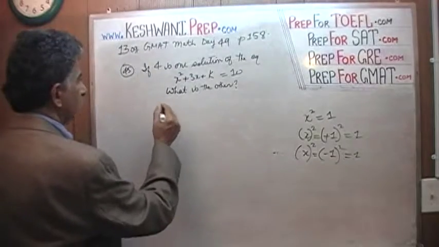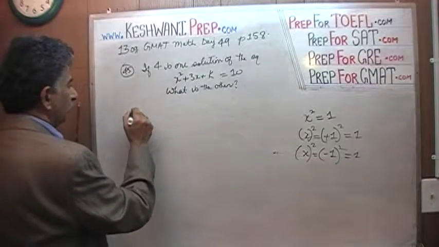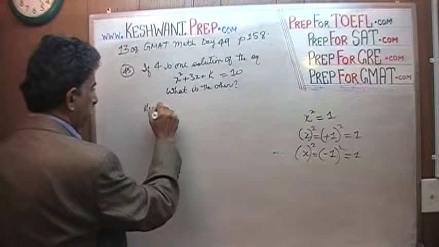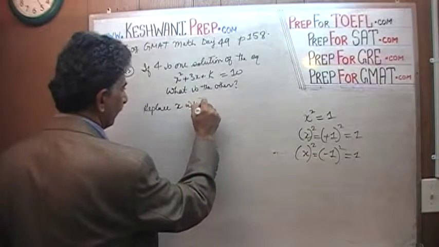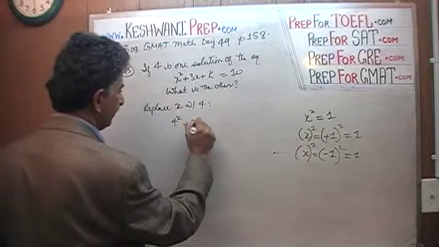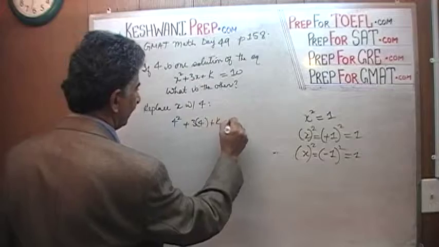So, x equals 4. We're going to replace x with 4. So x squared becomes 4 squared plus 3 times 4 plus k equals 10.